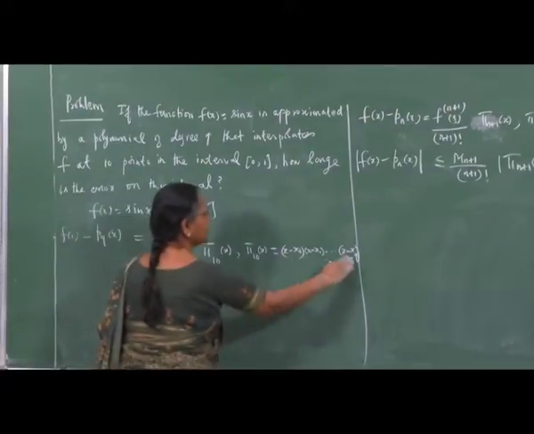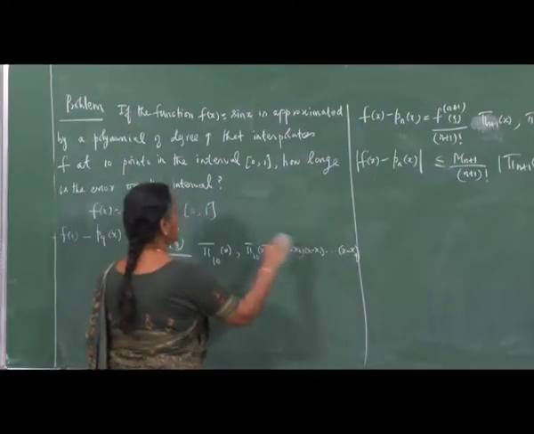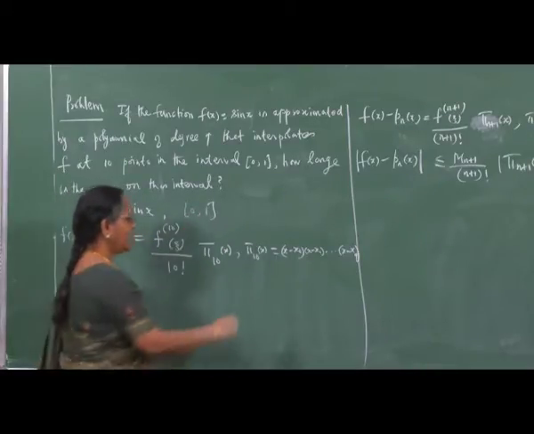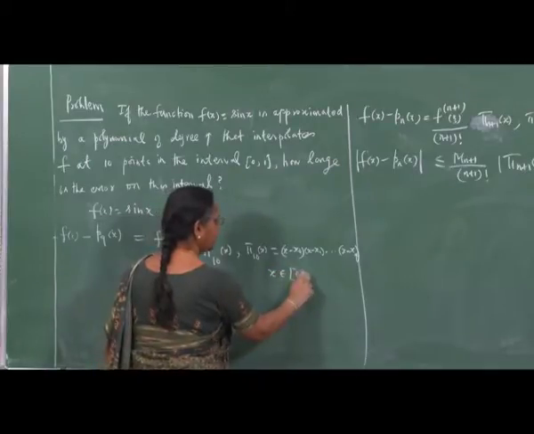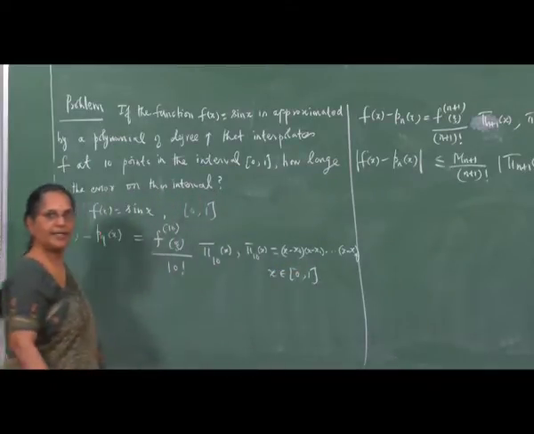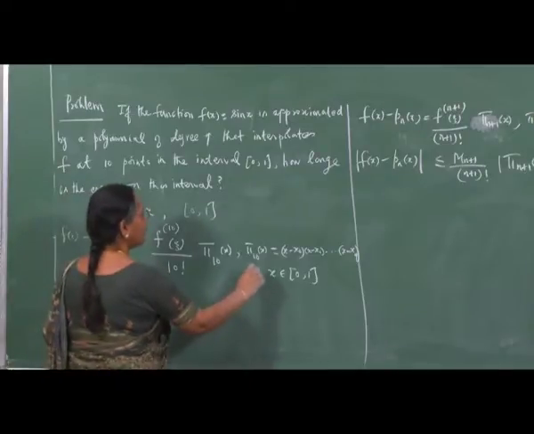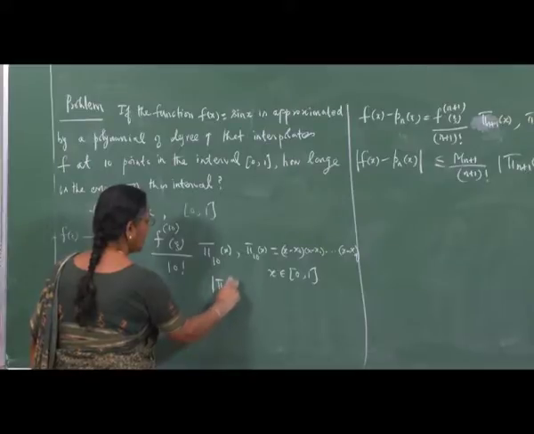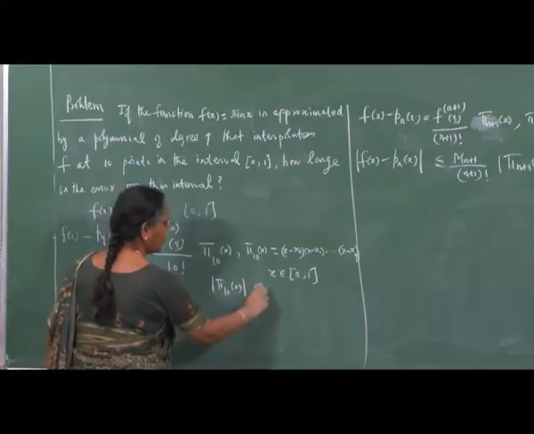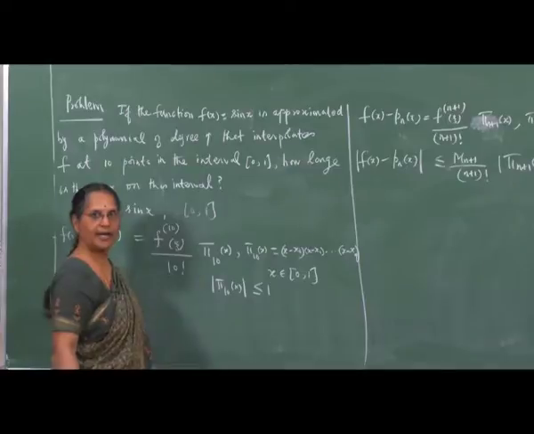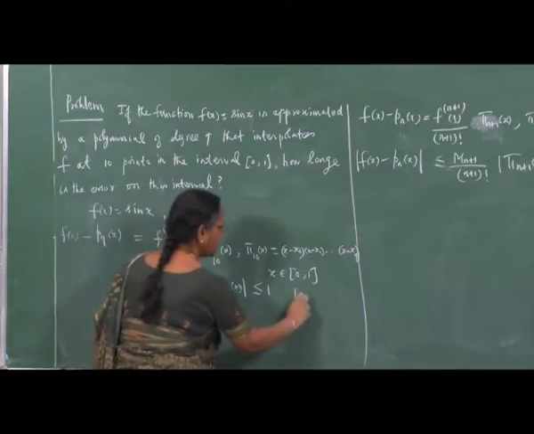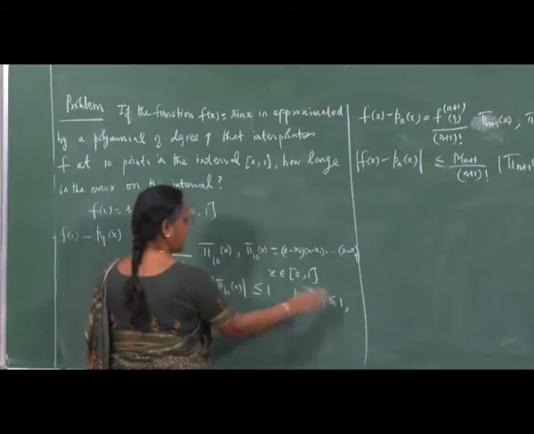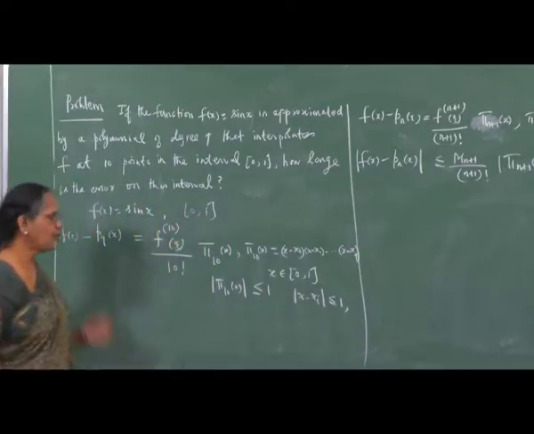Where do these points lie? x naught, x1, etc., x9 all lie in the interval 0 to 1, and x is again a point in the interval 0 to 1. When I want to determine the error bound, I require the modulus of pi 10 of x. That will be less than or equal to 1, because the modulus of x minus xi is less than or equal to 1 for x and xi lying in the interval 0 to 1.